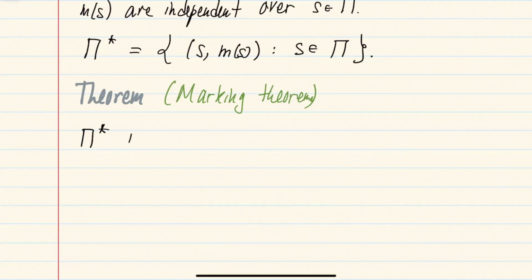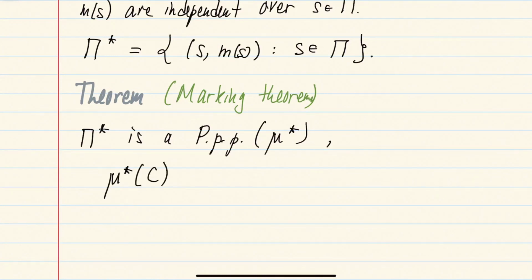That pi star is a Poisson point process with the mean measure mu star defined above, where again let's recall that mu star of any measurable set on the product space is just the integral with respect to the second coordinate first over the slice, and then you integrate with respect to mu on the first coordinate.